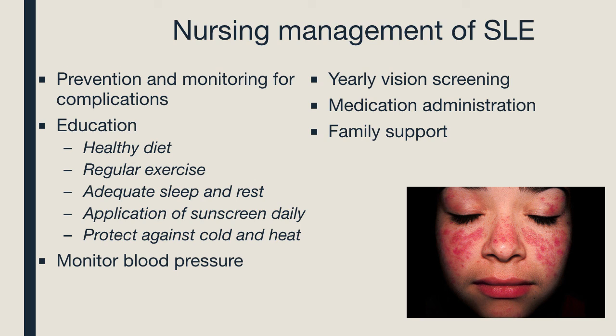If they're going to be out in the sun, we want to make sure that they apply sunscreen daily because they are photosensitive, and that they protect themselves against cold and heat. We want to monitor their blood pressure. They should have yearly vision screenings done, and they need to be taught about medication administration for the medications they're on. And family support is going to be very important. If you look at this picture here, this is the butterfly rash that we talk about with SLE.